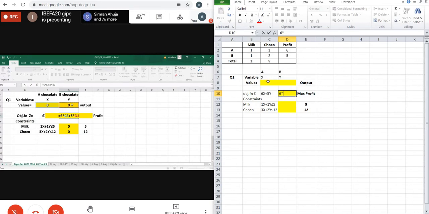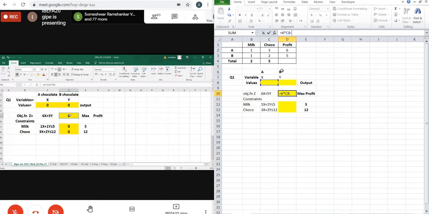Six times C3 plus 5 times D3. It is 0. Why? Because X is 0 there. Initially.